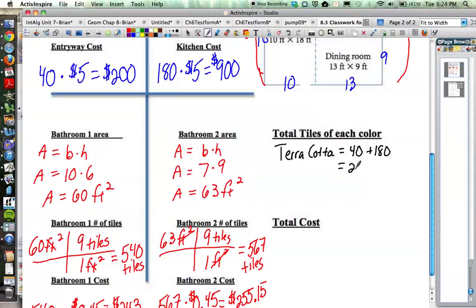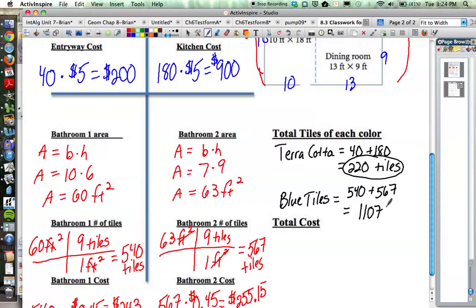That would be 220 terracotta tiles. How many blue tiles do we need? Well, we figured out that we need 540 for one bathroom, and then another 567 for the other. So that's a grand total of 1,107 tiles.